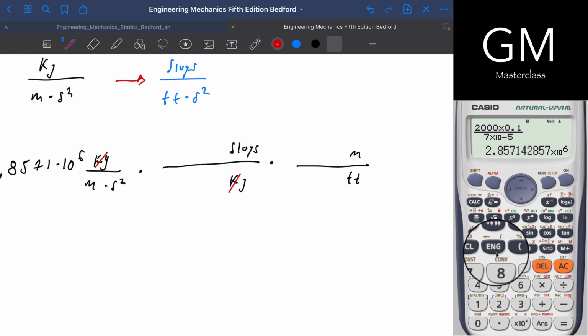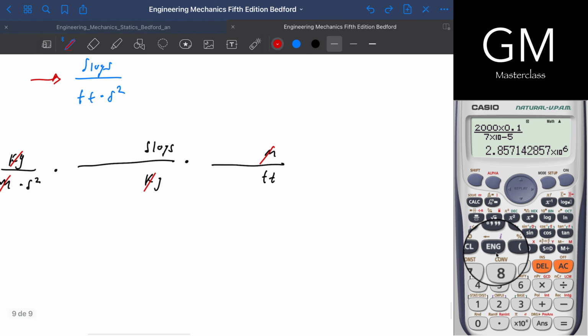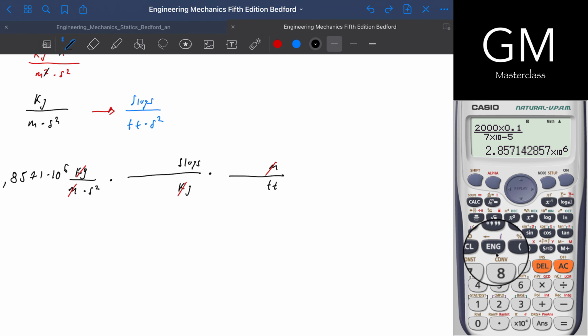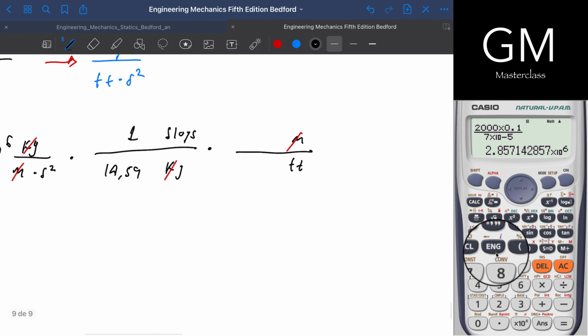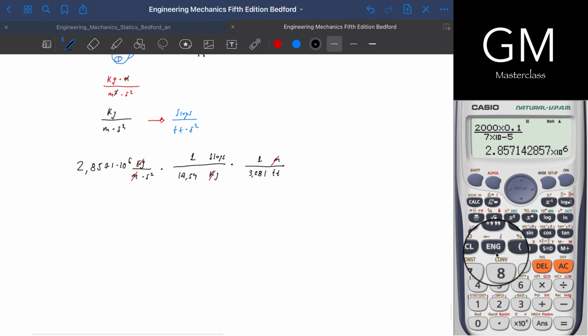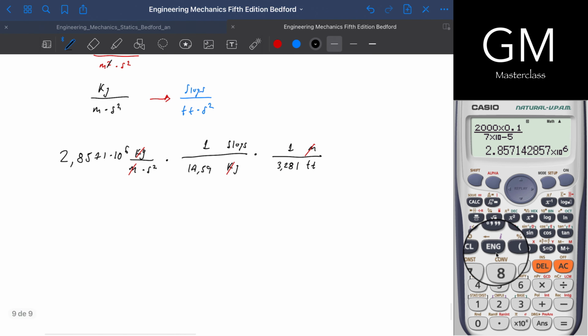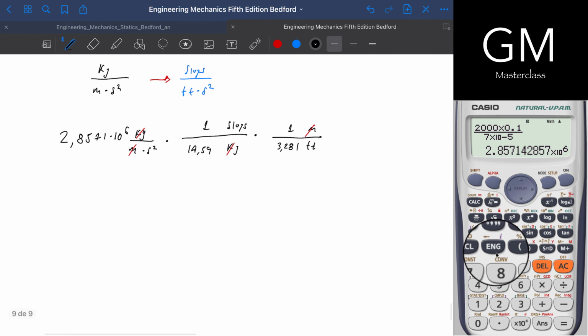Kilograms, and meters. The same explanation goes for the meters. Then I just gotta write down the equivalence between these two. So this is by memorizing it. 1 slug is equal to 14.59 kilograms. And 1 meter is equal to 3.281 feet. And that's it. That is all I got to do by just changing the system of units.